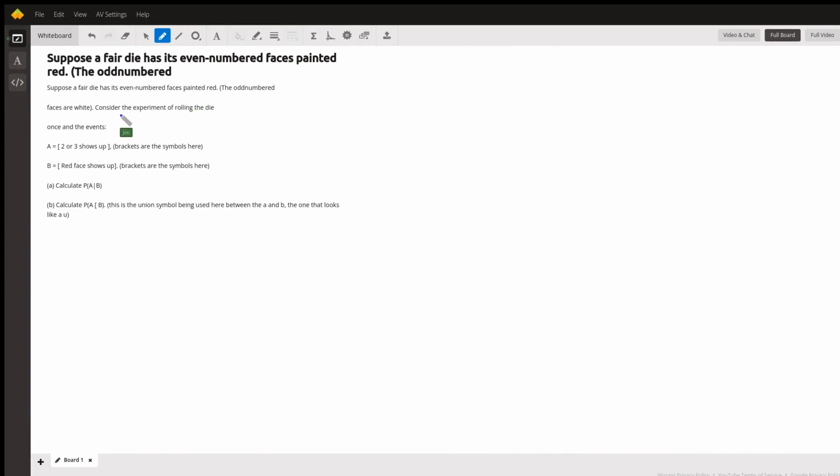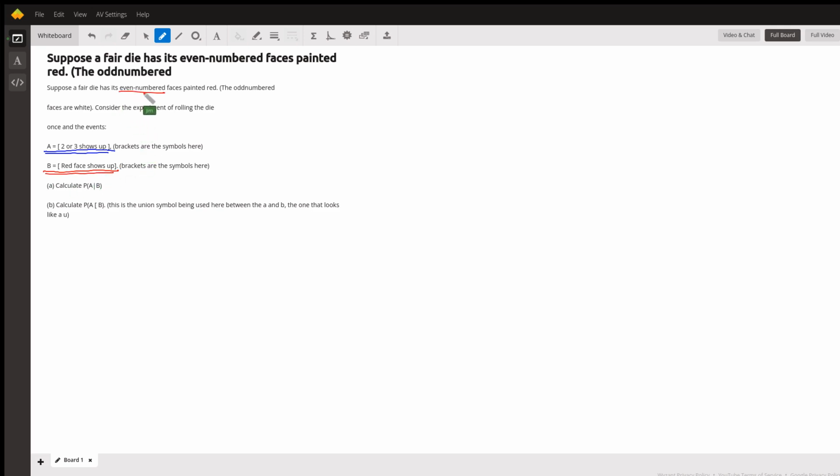So in this case, the student has asked about probabilities associated with tossing a fair six-sided die, looking at two events. In event A, as defined, we get a 2 or a 3 show up. In event B, we're told that a red face shows up.